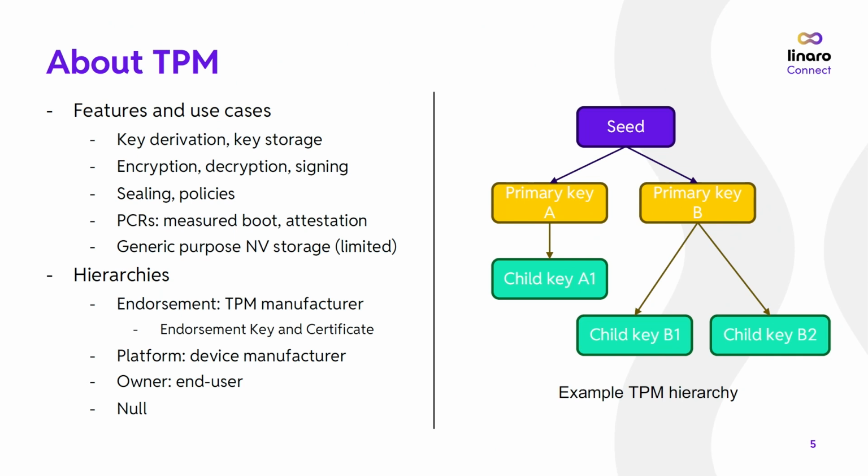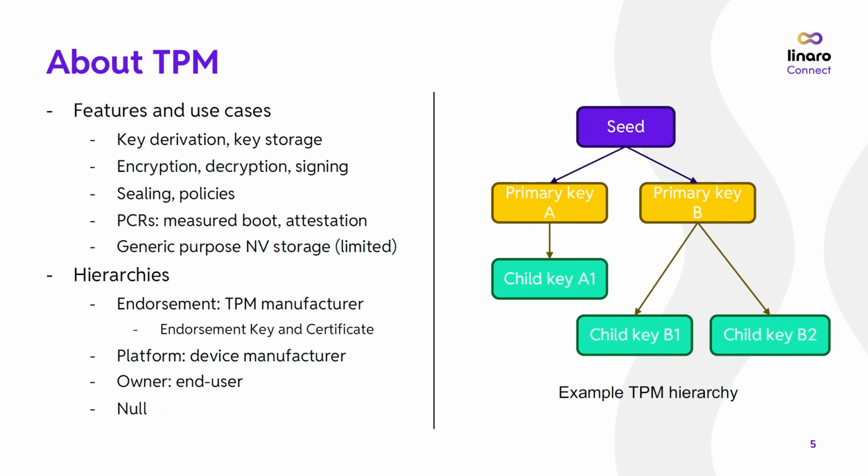Policies, which are a set of rules that must be satisfied to authorize access to some object or to some operation. The PCRs, which are the platform configuration registers, these are a set of special registers that contain hash values, and normally these can only be extended by hashing another hash to the already existing hash.